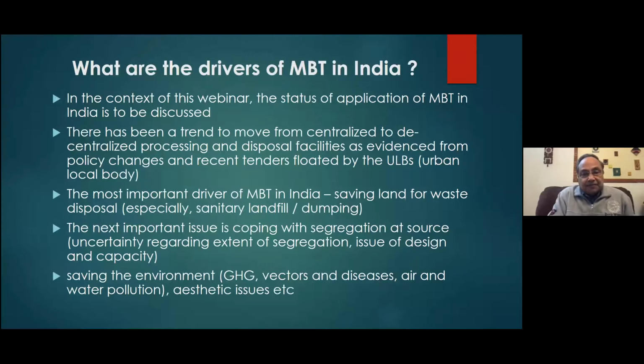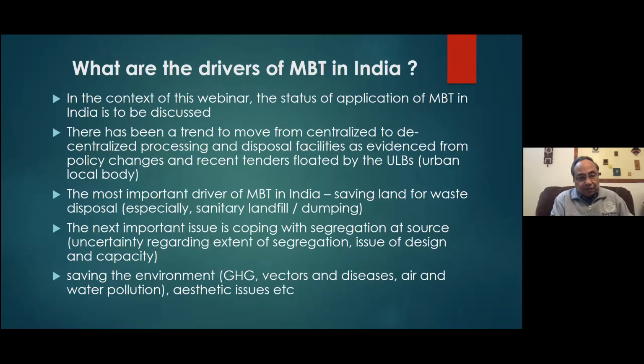Now, in the context of this webinar, I'll be discussing the application of MBT in India. There has been a trend to move from centralized to decentralized processing and disposal facilities, as you can see from the policy changes of the government and the tenders being floated by the ULBs, ULB meaning the urban local body.